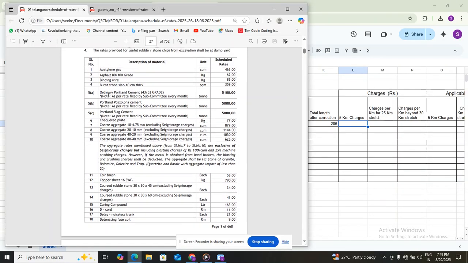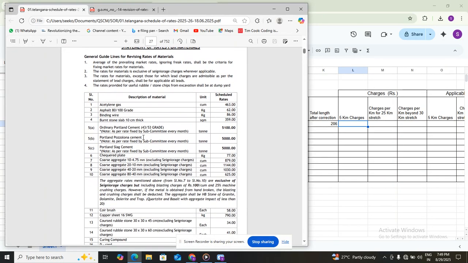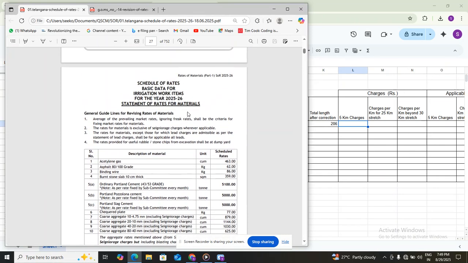We are using coarse aggregate like sand. What are the material rates we have? This is the rates of the material, basic rates for materials.